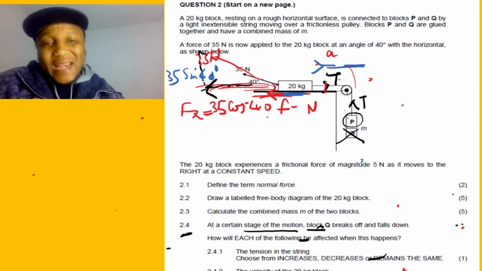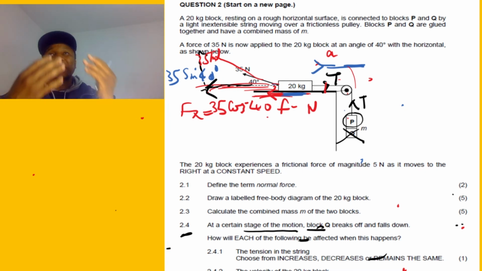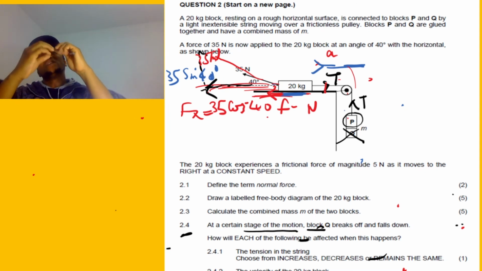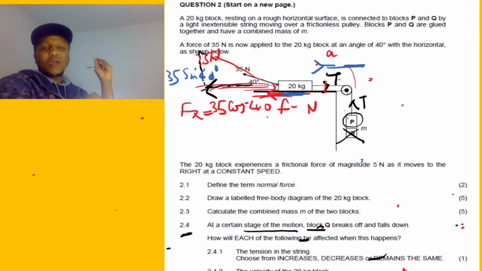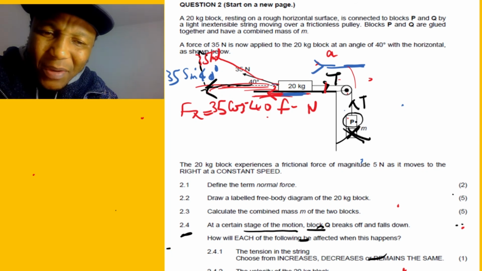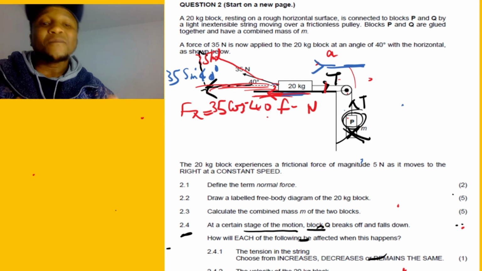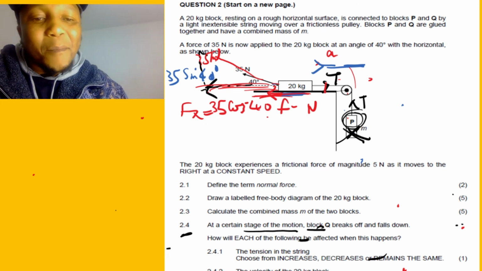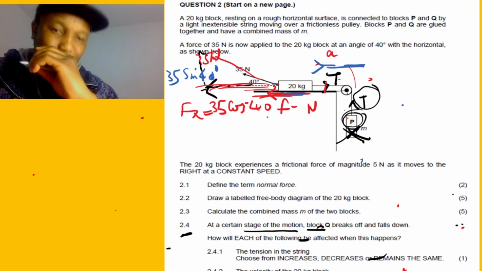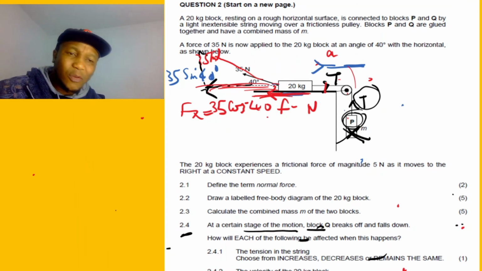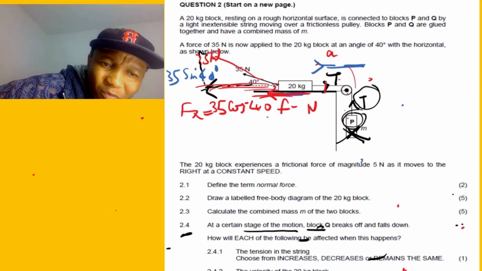But now, P and Q are like a pulling, the ones who pull the object down. So if you remove some weight, what happens? Mass M is going to be less. And if mass M is less, even the tension is going to be affected. So my question, is it going to be moving fast or slow?